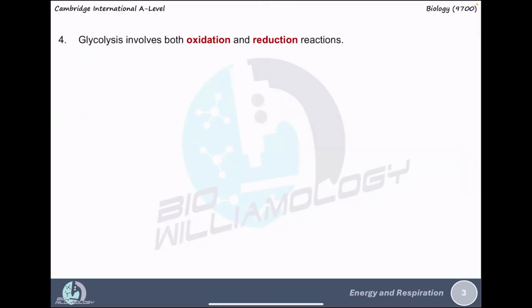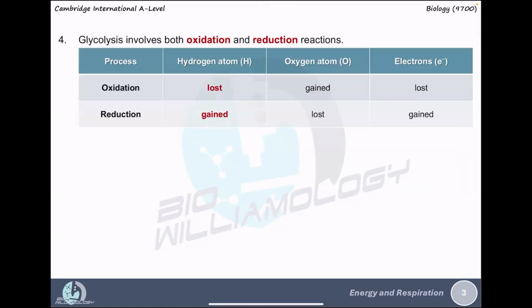Let us look at this oxidation and reduction process. In general, an oxidation process takes place when a molecule or a substance loses hydrogen atoms, gains oxygen atoms, or loses electrons.